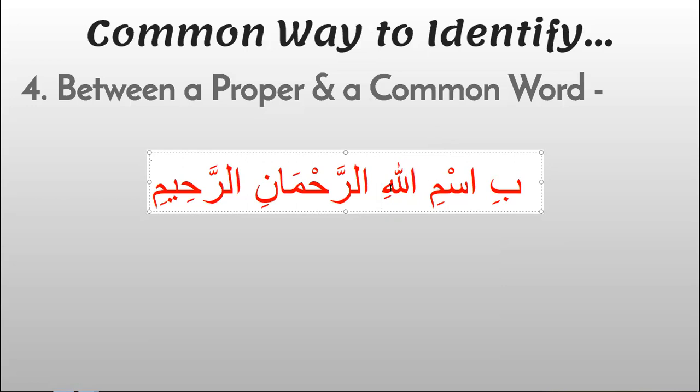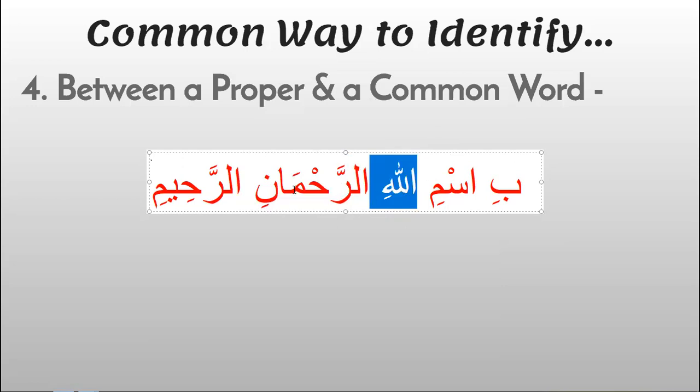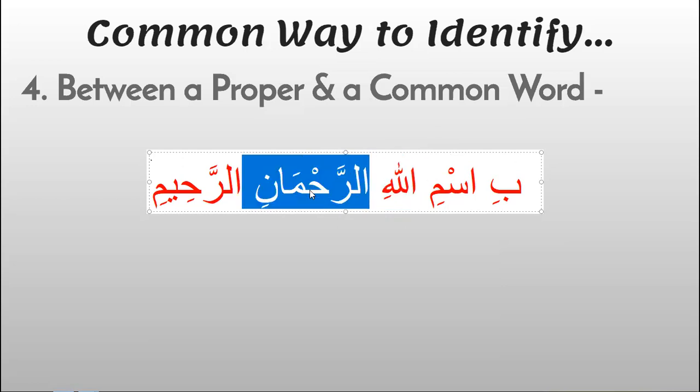Then comes the word Allah, and it has four properties, right? It is jar, it is singular, it is masculine, and it's proper. Look at this word, Ar-Rahmani. Ar-Rahmani is also jar, singular, masculine, and proper. So all four properties of the word Allah match all four properties of Ar-Rahmani.